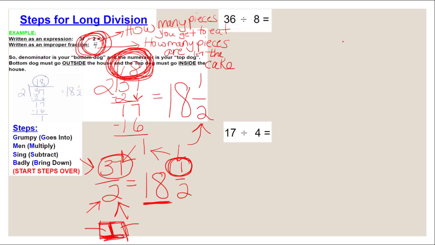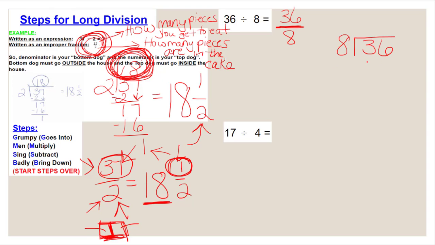So let's practice our long division over here on these. 36 divided by 8, well, as a fraction, that would be 36/8. Remember, bottom dog goes outside the house, top dog goes inside the house.